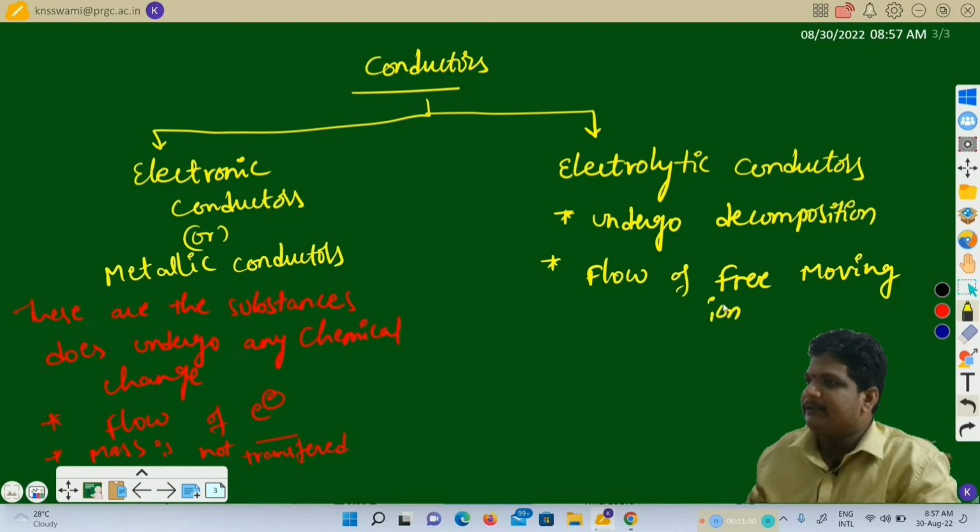The conductivity of these electrolytic conductors is due to the flow of free moving ions. So there will be a transfer of matter. Mass is transferred.